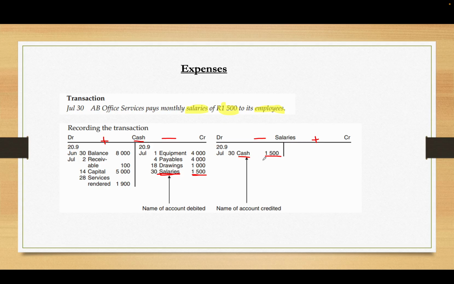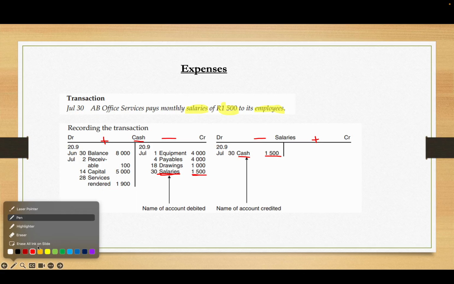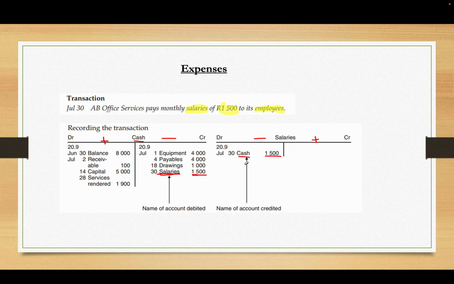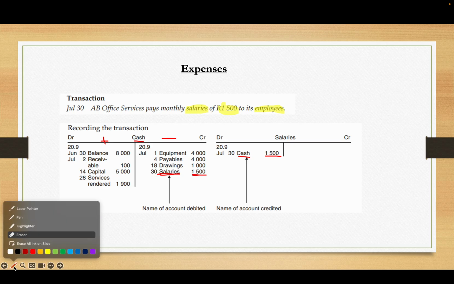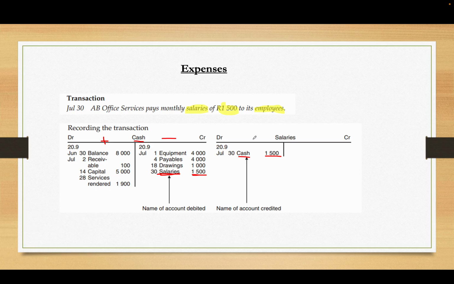Oh, okay. I'm so sorry, guys. Now I understand. So with expenses, it's also a plus minus. That's why it's like this. Income, liabilities and capital are minus plus, but expenses and assets are plus minus.